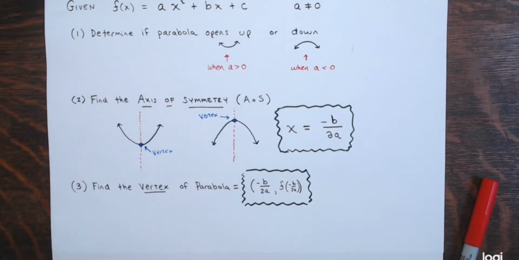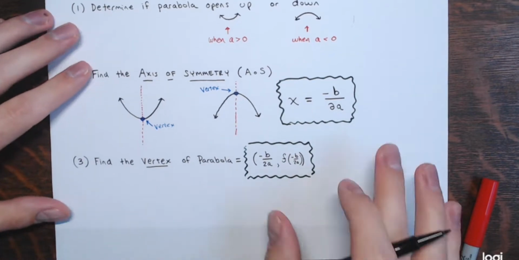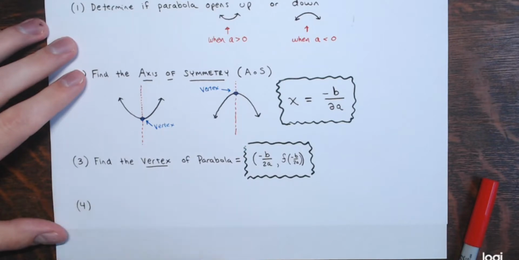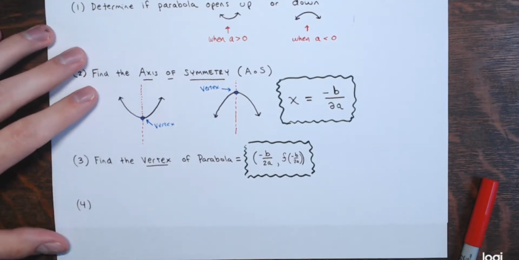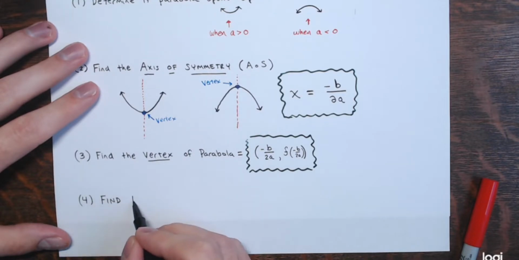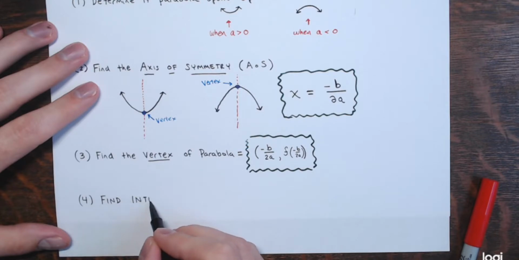All right, so that'll be one point on the graph. Then, just to stay consistent with what the text is teaching, I'm going to find some other points on the graph as well. Find the intercepts, which was done in a previous video as well.